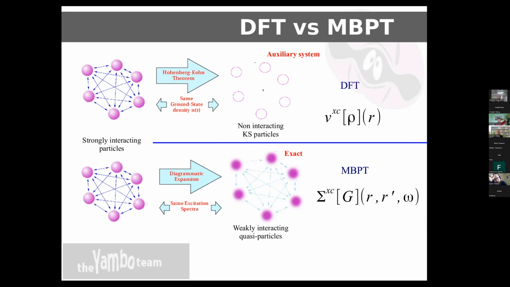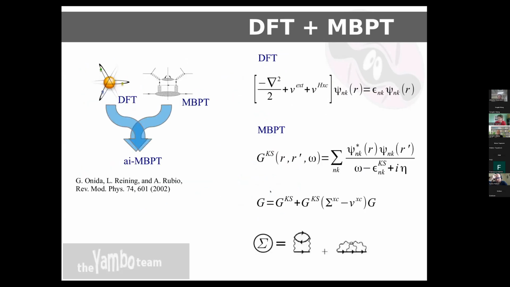But the gain compared to density functional theory is that not only do you have the exact density of the system, indeed you have the exact Green function and density matrix, but you can also have the exact excitation spectrum of the system. You have probably seen in previous lectures that the Kohn-Sham energies are not physical properties, in principle they are just mathematical objects. Instead, the quasi-particle energies, which you obtain within many-body perturbation theory, are physical properties which can be measured.